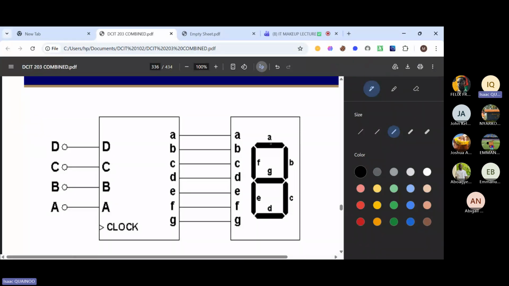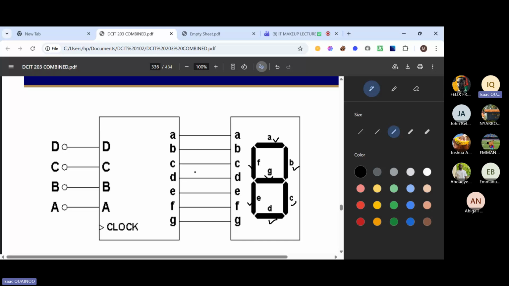So it corresponds to this. No, I've missed something. So first output corresponds to A, second to B, third C, fourth D, fifth E, sixth F, and then seventh G.